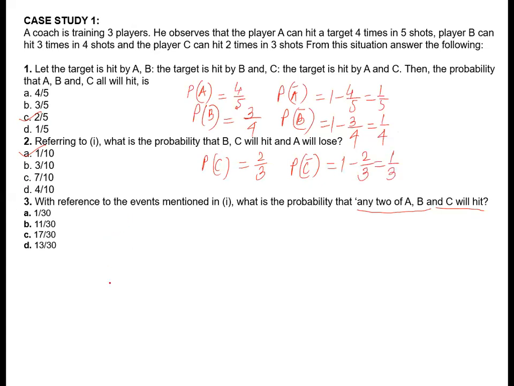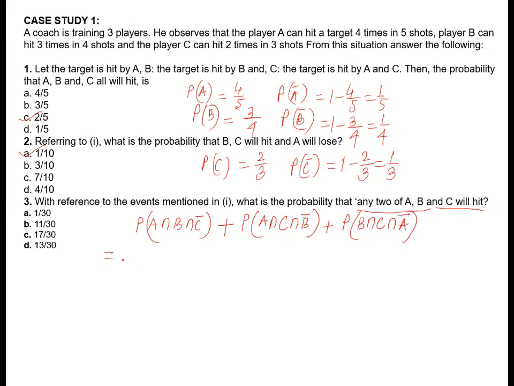Now coming to third part. P: A doing, B doing, but C is not doing. First case, it may happen. Or means plus. What will happen? A will do, C will do, but B will not do. Or B will do, C will hit, but A will not hit.